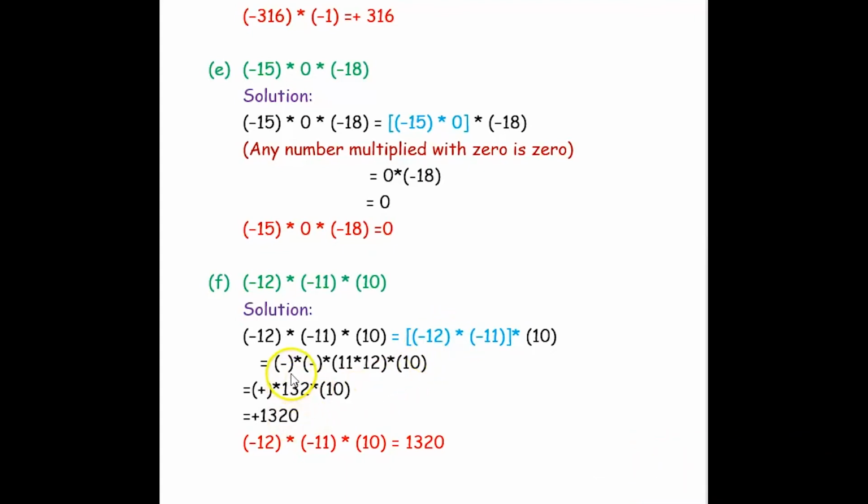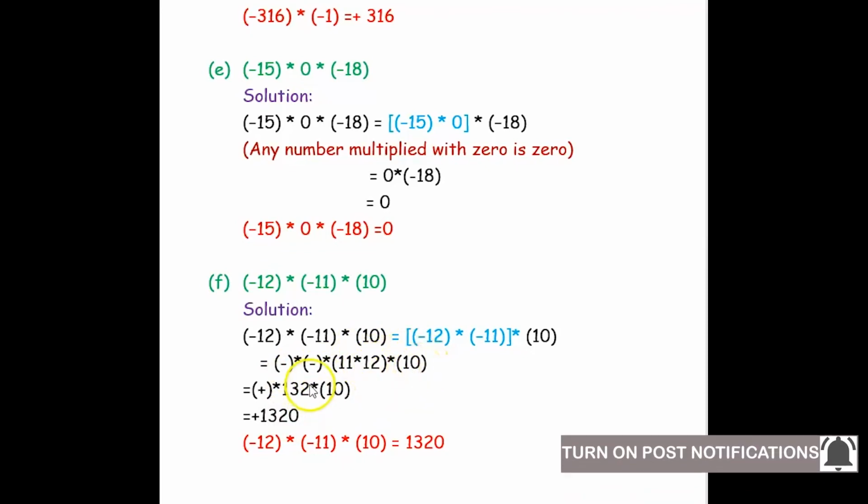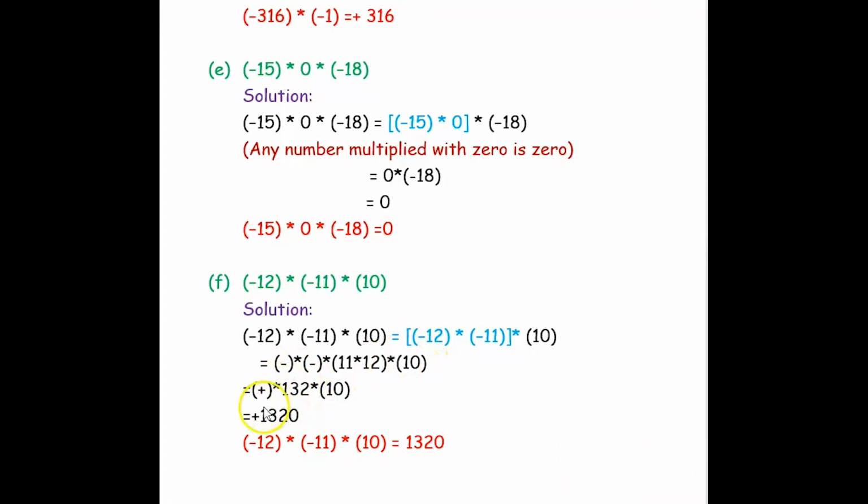So, I am writing negative into negative, 11 into 12, into 10 outside the parenthesis. So, negative into negative will become positive and we know that 11 into 12 is 132, into 10. So, now I can write this positive, and 132 into 10 is 1320. So, therefore, negative 12 into negative 11 into 10 is positive 1320.